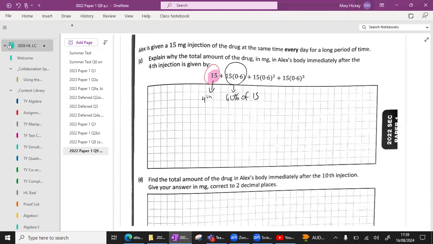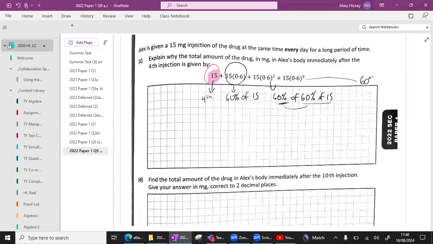But when you look at to the power 2, it's like saying you're getting 60% of 60% of 15. So in other words, you're getting 60% of 15, and then by the following day, you only have 60% of that left. And then the same applies here.